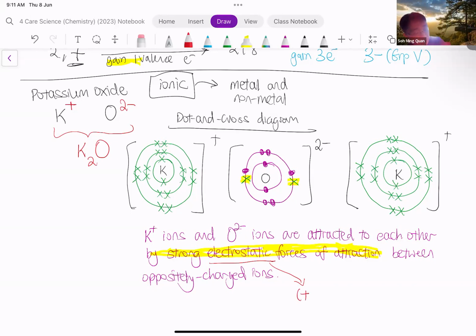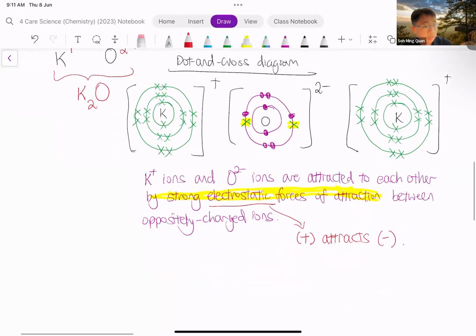So what it means is positive attracts negative. So in such a situation, the positive ions attract the negative ions. Therefore, it's a strong electrostatic force of attraction between the oppositely charged ions. Now, because it's attracted to each other, many ions, many K plus and O2 minus can attract each other.